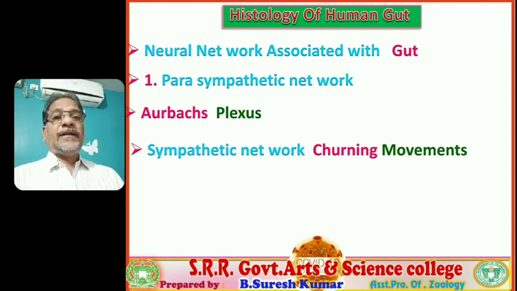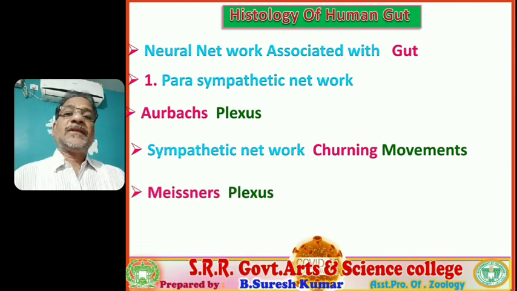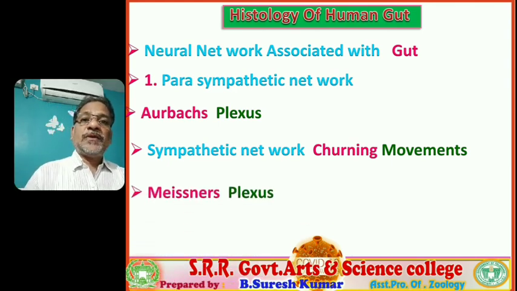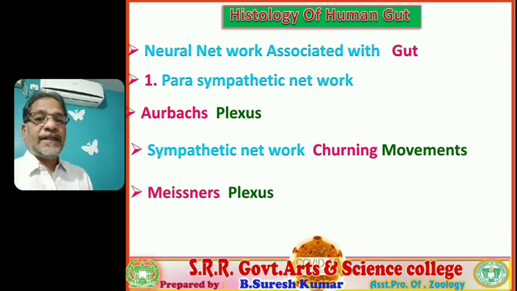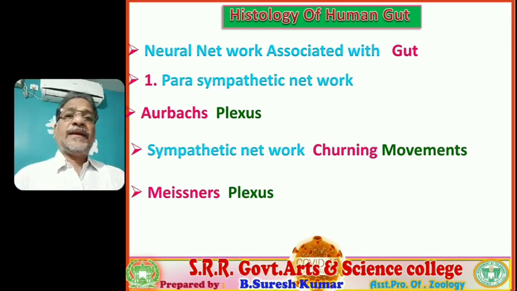It is Meissner's plexus. So two networks are seated in the wall of the gut: the parasympathetic network, Auerbach's plexus, and the sympathetic network, Meissner's plexus.